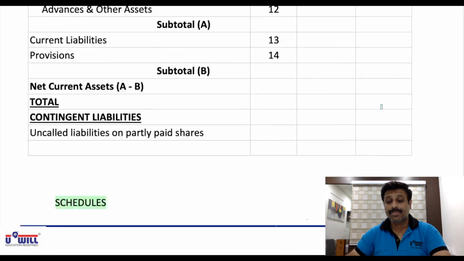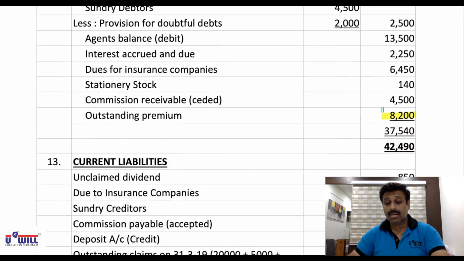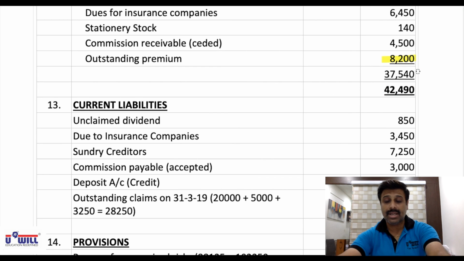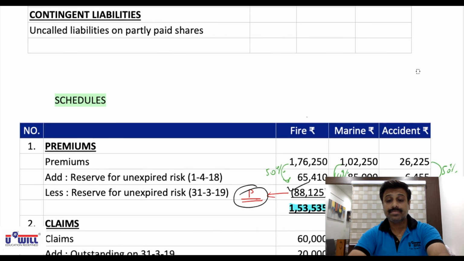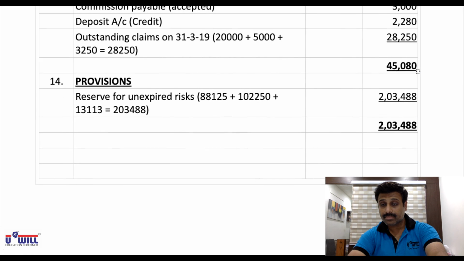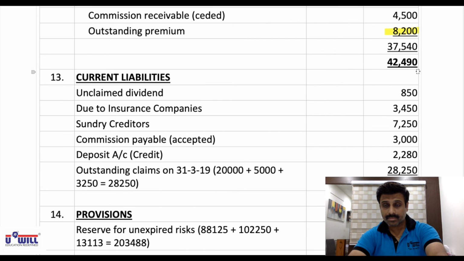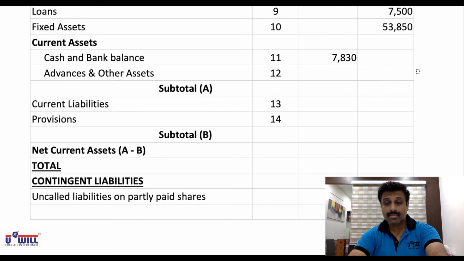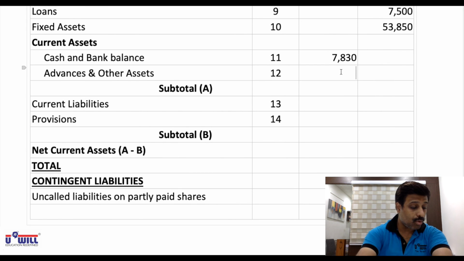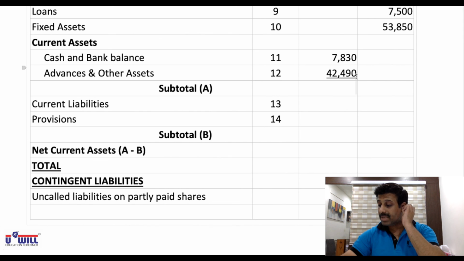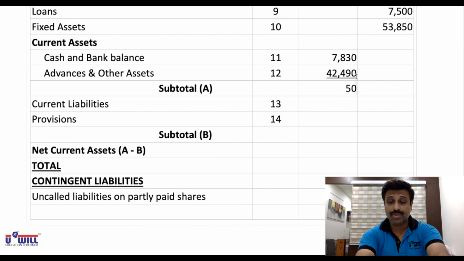Which amount? 42,490. Okay, 42,490 in other assets. So total would come to 7,830 plus 42,490, that comes to 50,320.